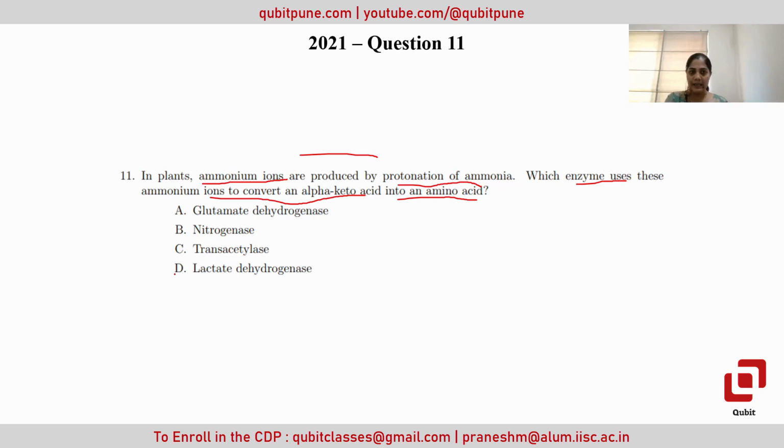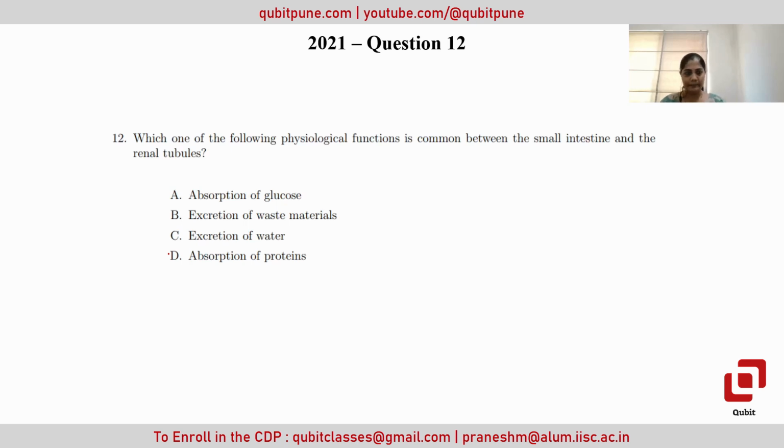Try to eliminate the maximum which are unlikely scenarios, which will lead you to ultimately the one which can be selected. So you can use the same logic for solving some questions where you don't know the exact answer. So for this question, option A is the correct one. Next.